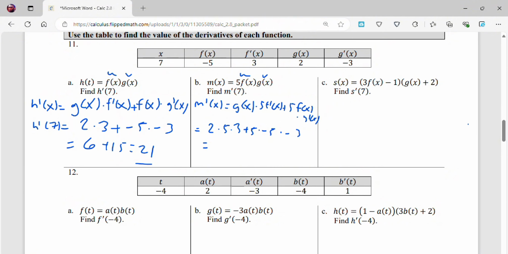Equals 2 times 5 times 3 is 30. 5 times negative 5 is negative 25, times negative 3 is plus 75, which is 105.